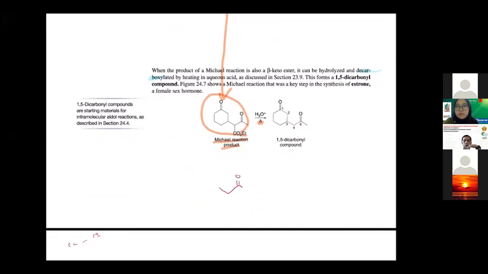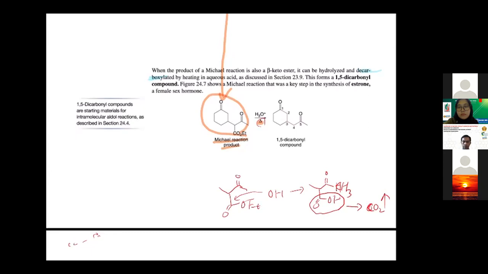Probably you already know that, but I write it again with H2O, H plus, and potassium hydroxide. With heating, the decarboxylation occurs here, releasing CO2.